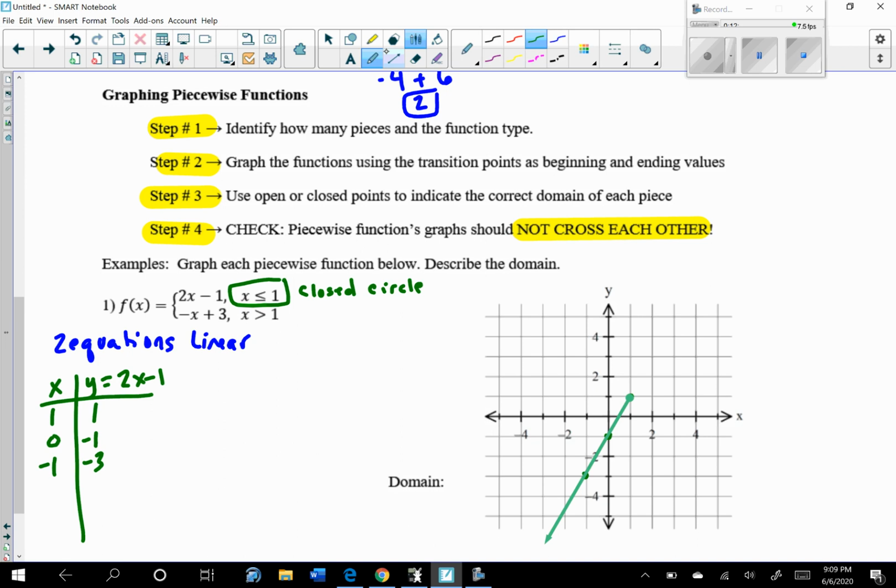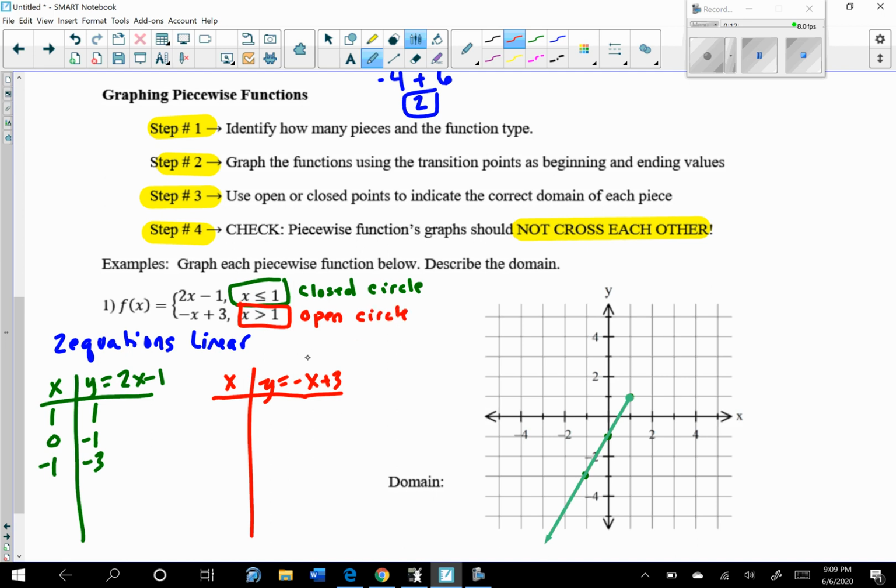Now I can start working on the other equation, where y is equal to -x plus 3. Again, with this domain restriction, because it's not equal to, we're going to use an open circle on the graph.